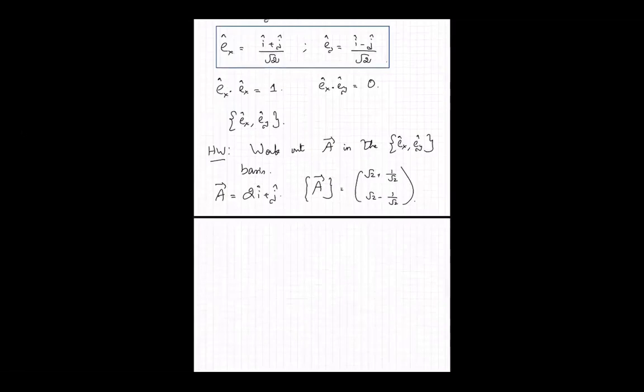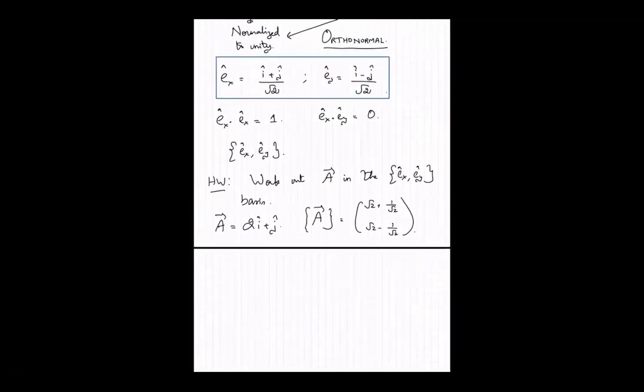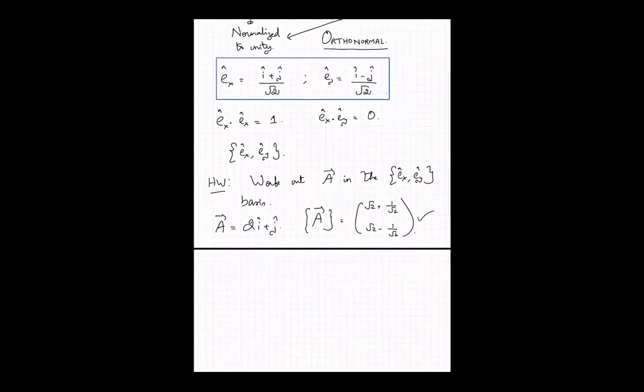If I express the same vector using the ex ey basis, the components of the vector are something different. So in general, the components of a vector depend on the basis in which you are expressing the linear vector space. There is nothing sacred about a basis. The choice of basis depends on the problem at hand. You choose the basis that makes your calculations easy. That's all.